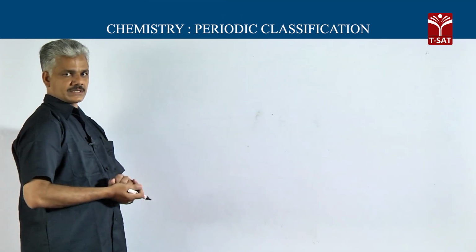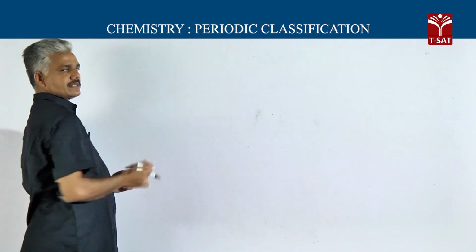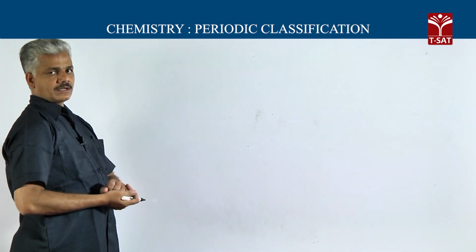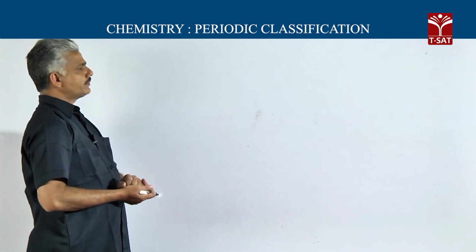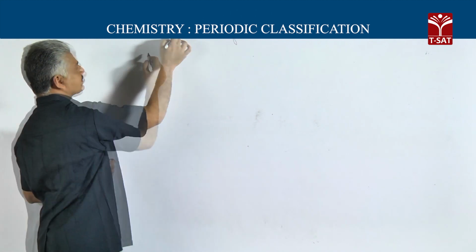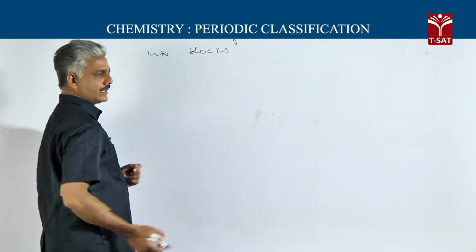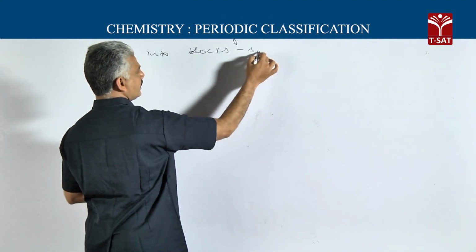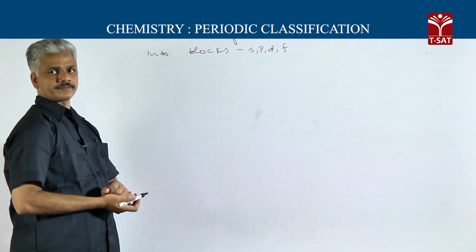Further classification of elements. The elements present in the periodic table are classified in various manners. One type of classification is classification of elements into blocks, namely S block, P block, D block and F block.